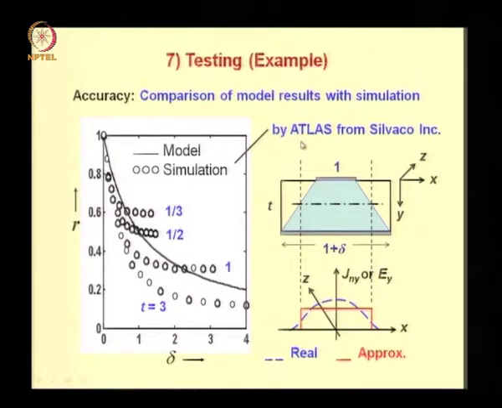Now here are the results of simulation and the model calculations. Simulations have been performed by the Atlas simulator from Silvaco. Simulations are indicated by the points and the model is indicated by the solid line.